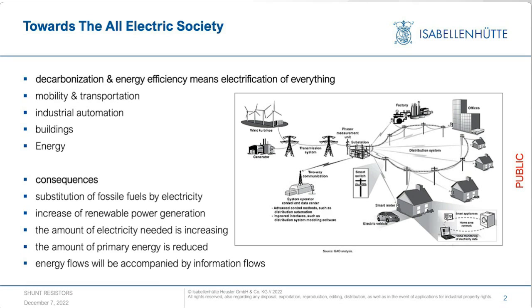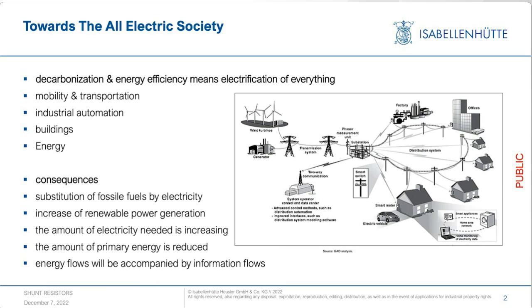As a consequence, we will see a substitution of fossil fuels by electricity. And thus, we will see an enormous increase of power generation generated by renewable energy sources. The amount of electricity needed will be increasing, but at the same time, the amount of primary energy is reduced.